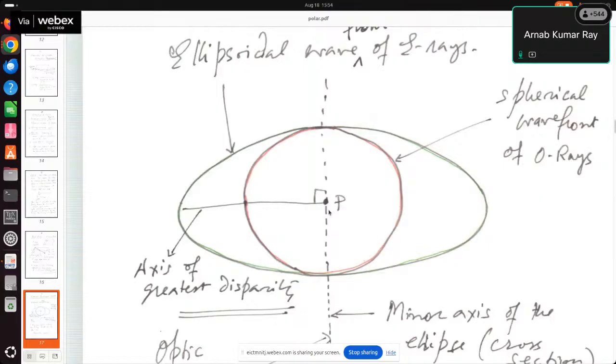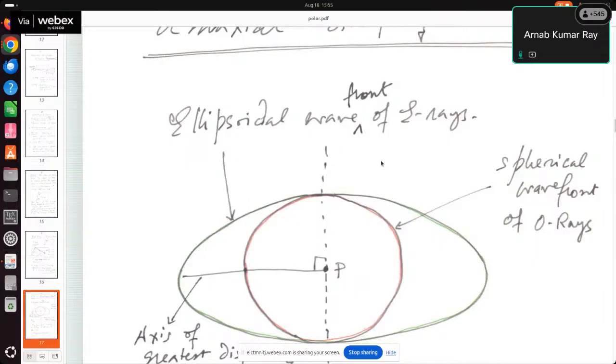So along the major axis, it will form an elliptical front, of course, because it is traveling along the two directions with two different speeds. Along the axis of greatest disparity, it will travel far faster than the ordinary rays, and therefore there will be a large gap between the two. Whereas along the other direction, it will travel with the same speed as the ordinary rays. Therefore, the wave fronts will touch over here.